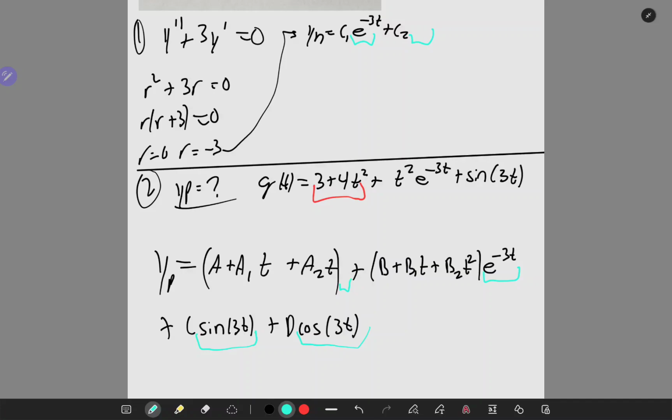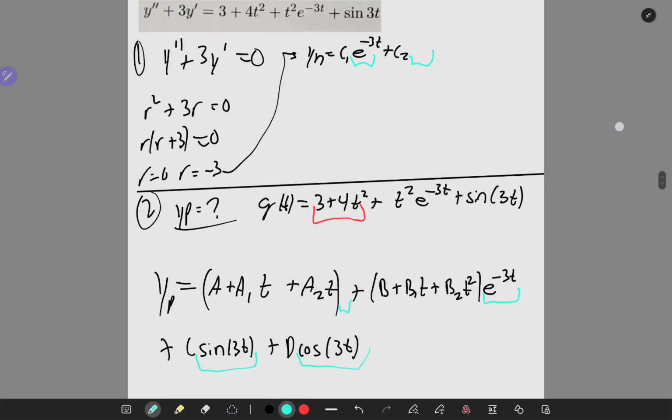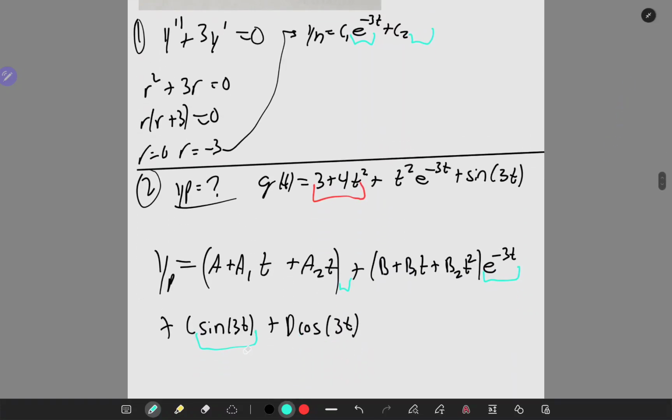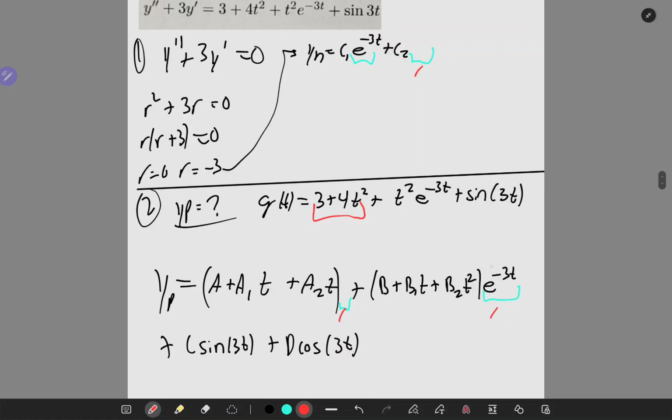What is this one? 3 plus 4. Okay, here it is. Yep. So, do any of these match? I believe 2 of them do. These two don't. We don't have any sine or cosines up there. But we do have a 1. This matches with this, and this matches with this.